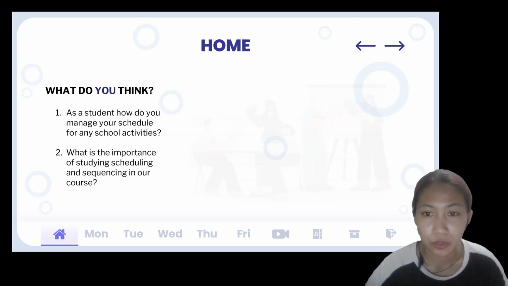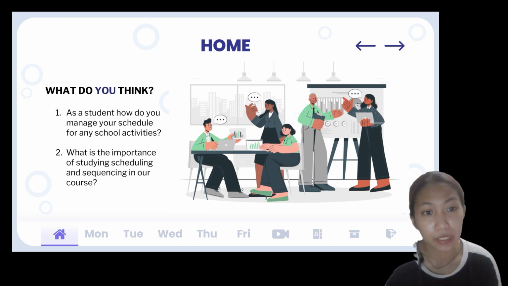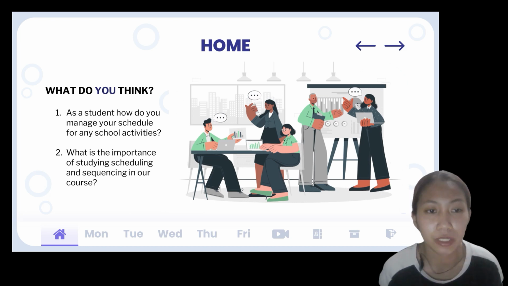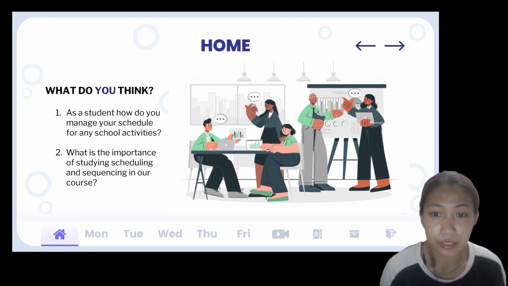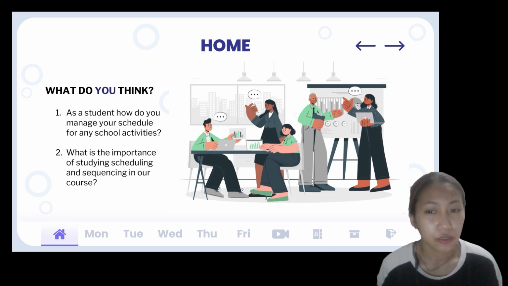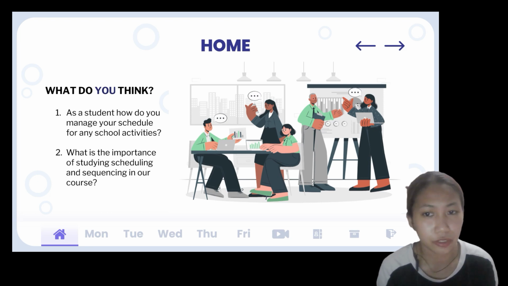Hi everyone. Again, my name is Sam, and I am one of the reporters for today. Let's start. I just wanted to ask, as a student, how do you usually manage your schedule for any school activities?